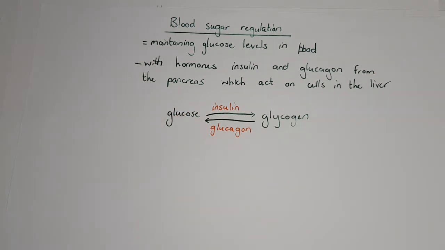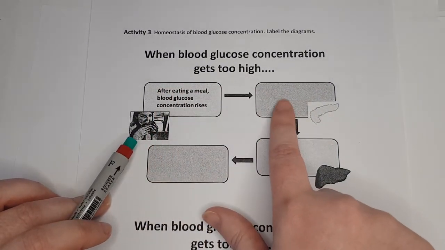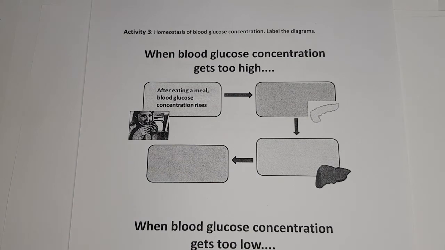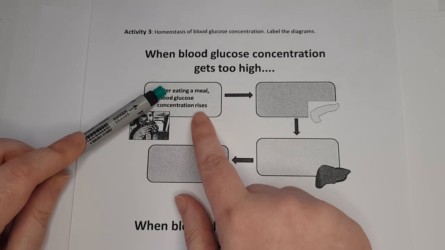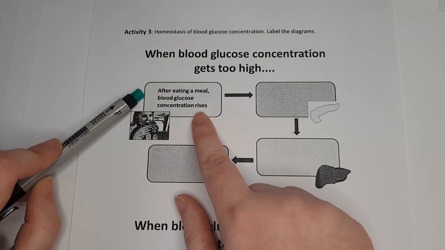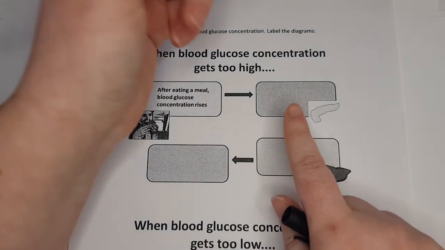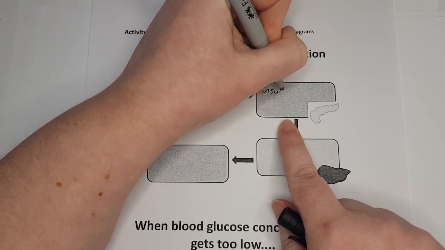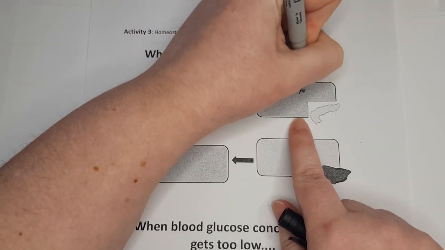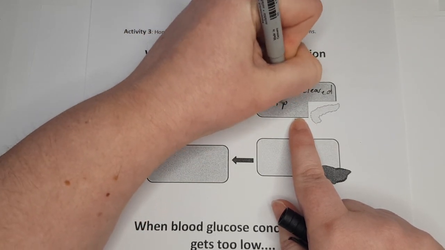So if we look at your feedback mechanisms for your blood glucose, when the blood glucose concentration gets too high, which would be after you eat a meal, and you've digested it and you've now absorbed all the glucose, the blood concentration rises. When that happens, the pancreas releases insulin. So insulin is released from the pancreas.